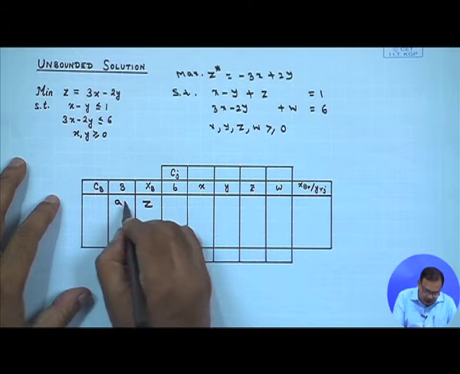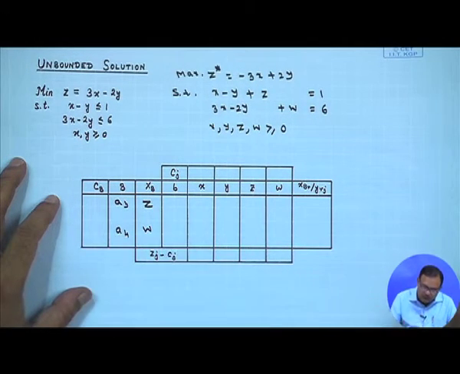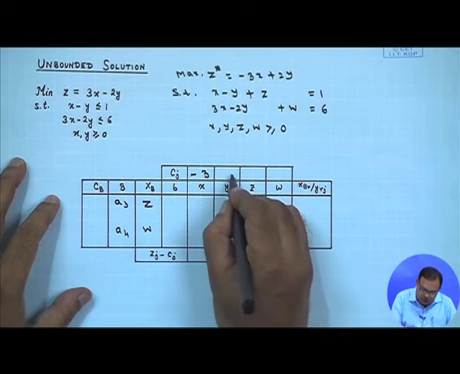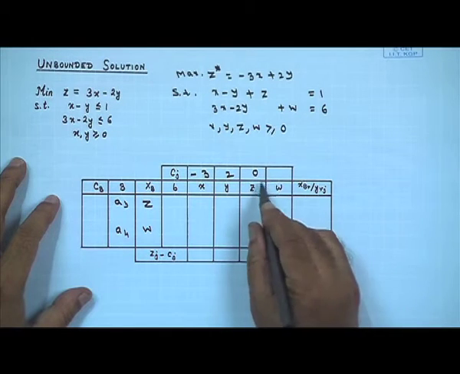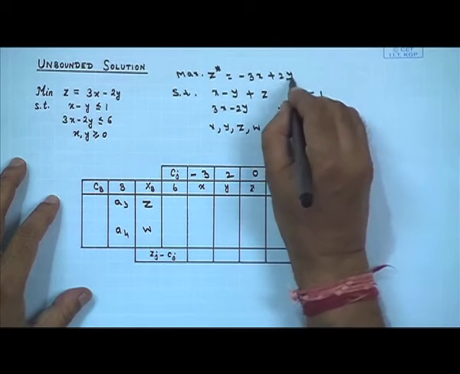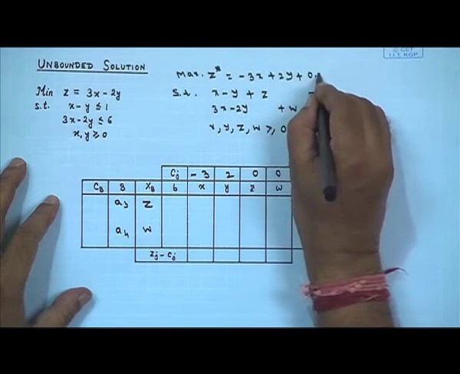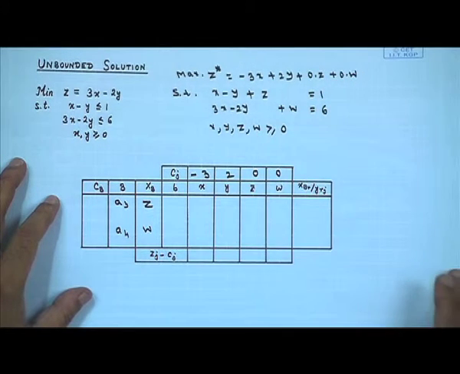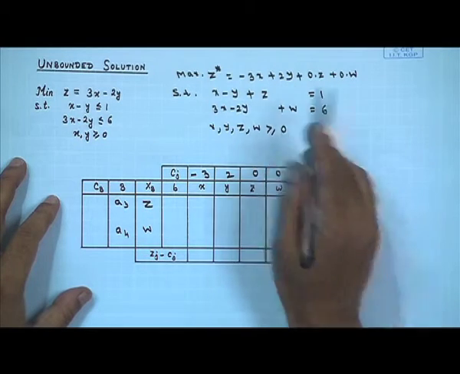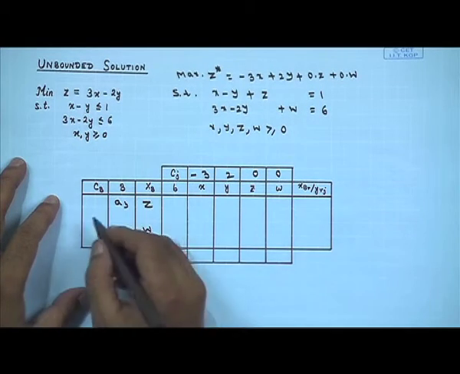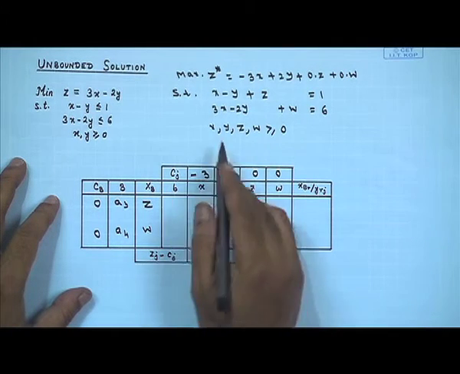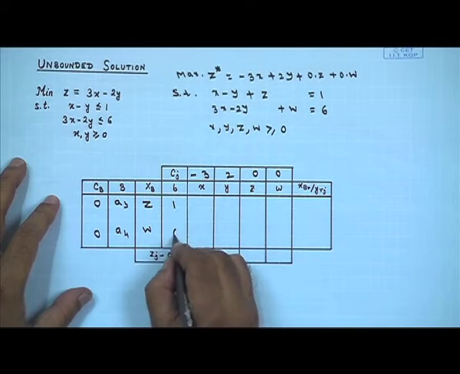So I am writing A3 and A4. Your Cj values are minus 3, 2, and the coefficients of z and w are 0, so you can write 0 into z plus 0 into w in the objective function. Your Cb is 0 and 0, and the b values are 1 and 6.